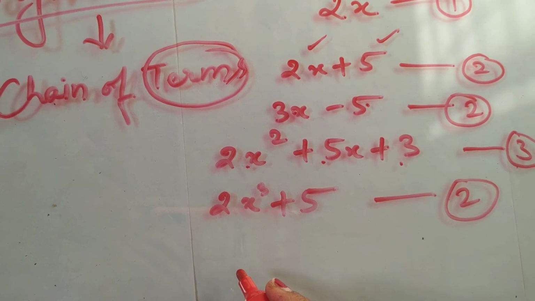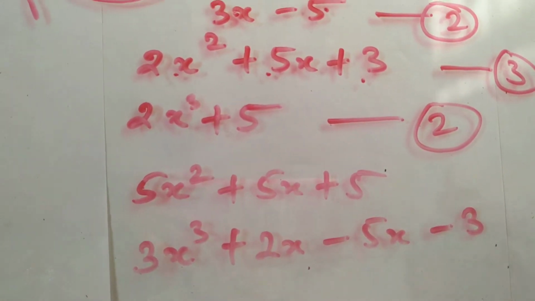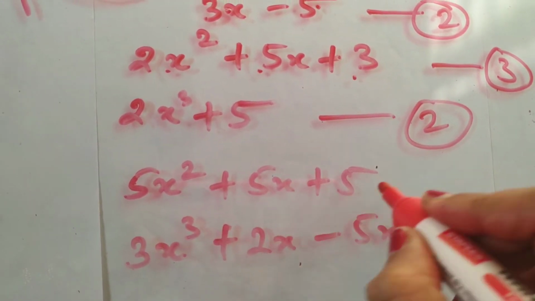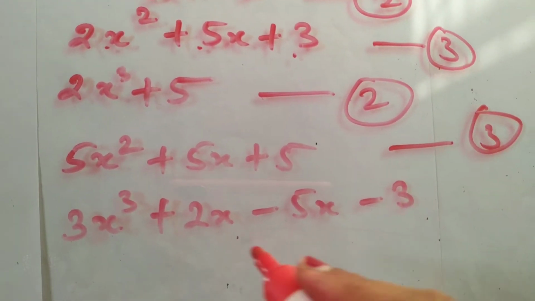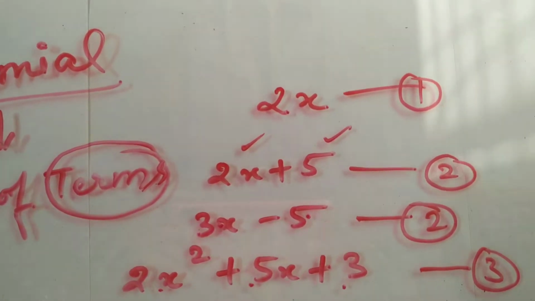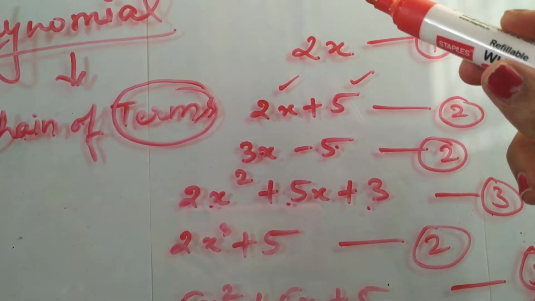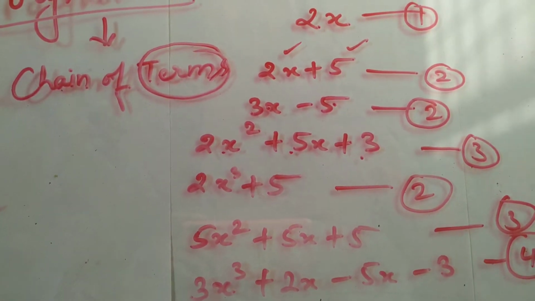Now if we write more examples, 1, 2, 3, three terms are here. 1, 2, 3, 4, four terms are here. All of these are polynomials because all are chains of terms.